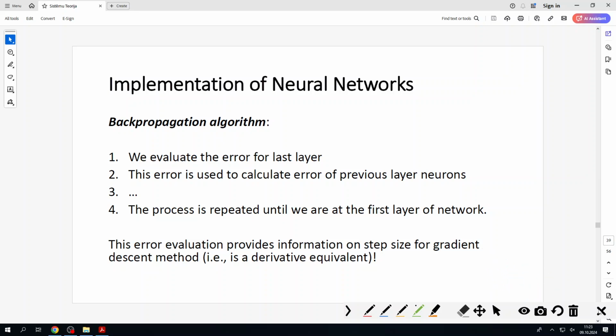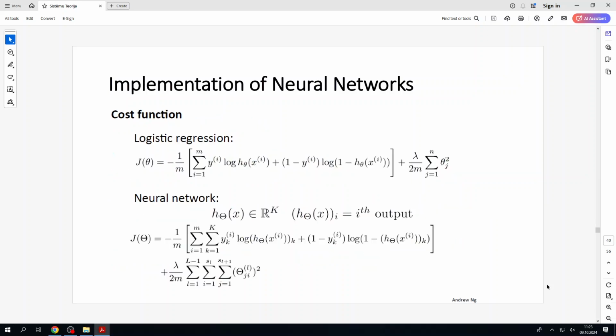And the solution would look like, well, first of all, let me remark one important thing. How is your cost function going to become different? In a sense, it is very similar to what it was for logistic regression, with only one small change, that in logistic regression, your theta was a vector.